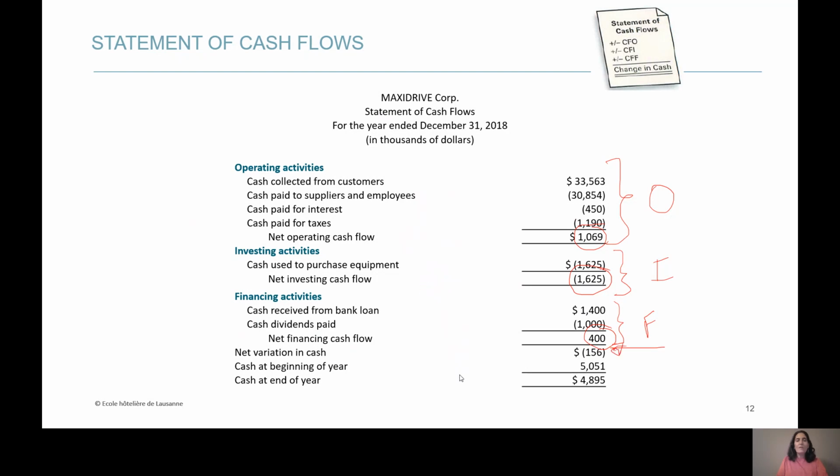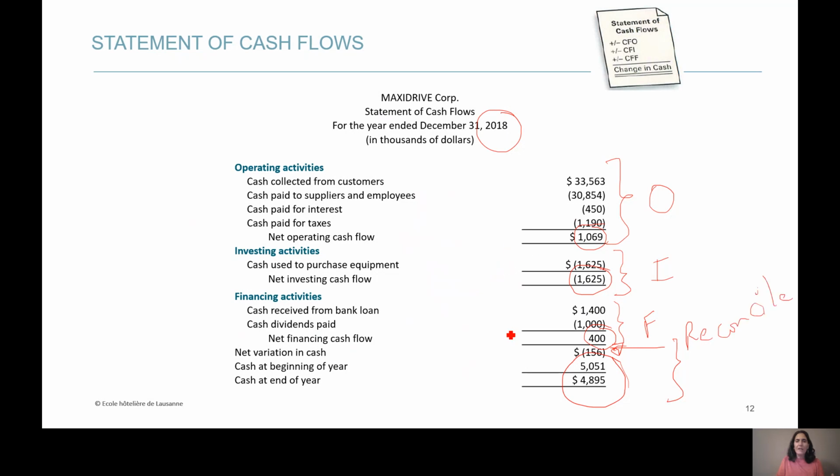What does it mean? It means that between the beginning of the year 2018, it is the year 2018, and the end of the year 2018, there has been a variation of minus 156 in my cash account. You see it here at the bottom of the cash flow statement. This is what we call a cash reconciliation.